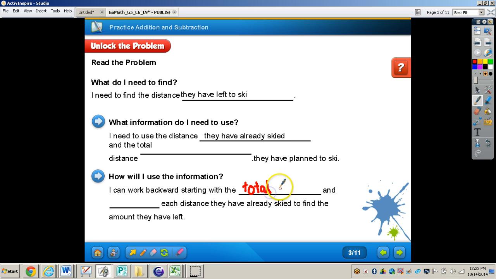So the total distance, and subtract. I'm just going to write a subtraction sign. Subtract each distance they have already skied to find the amount they have left. So that's how we're going to use that information.